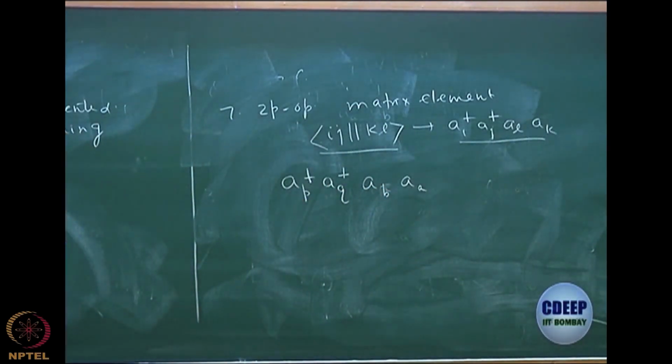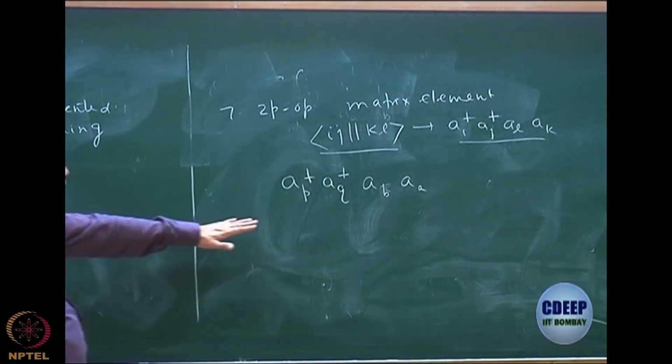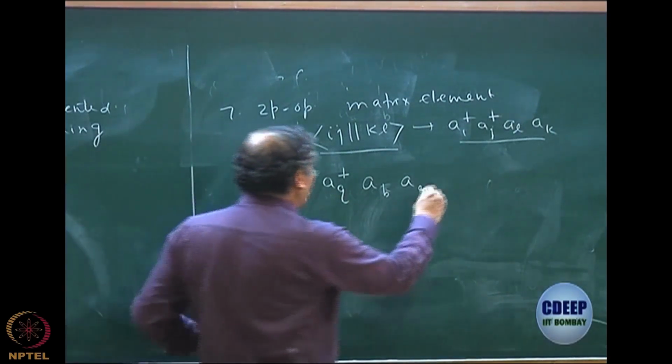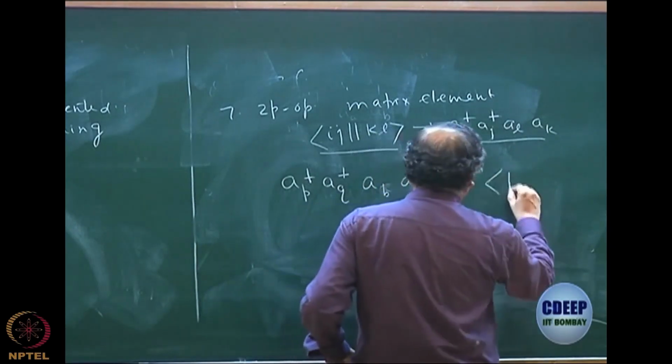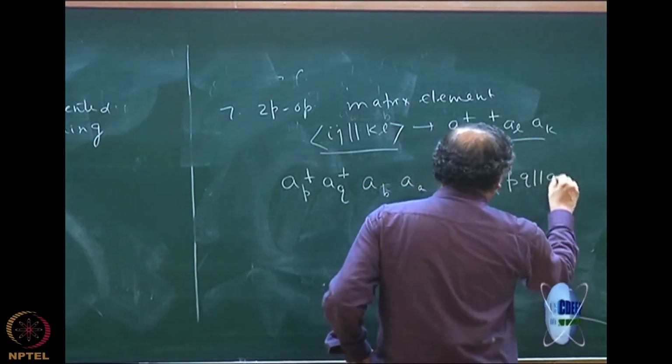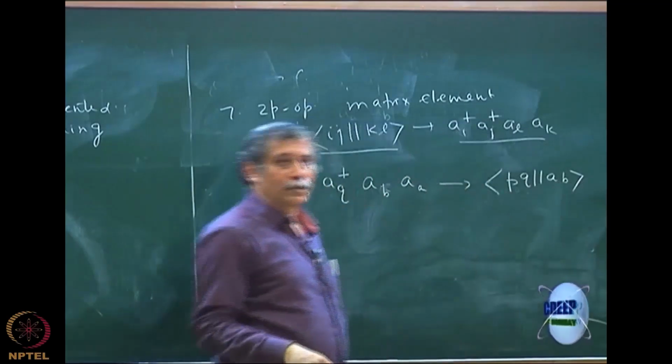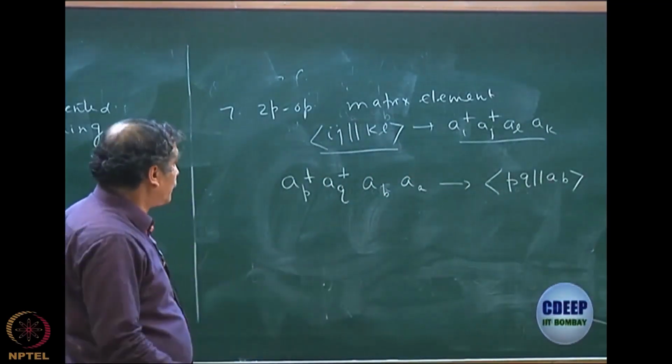Okay. So, I am trying to write this vertex. Of course, the attached matrix element is very clear. It will be PQ antisymmetrized AB. So, that will be the attached matrix element for this.